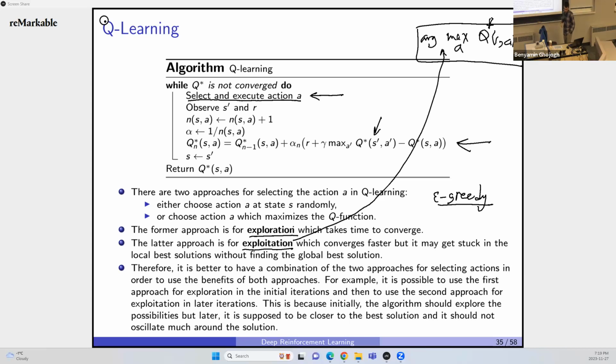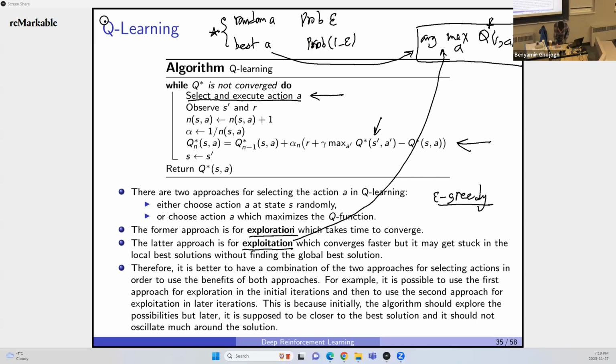Now, as a result, we can have a combination of both, saying that with probability epsilon, let me do a random action. With probability 1 minus epsilon, let me do the best action by this. And we also can change epsilon.